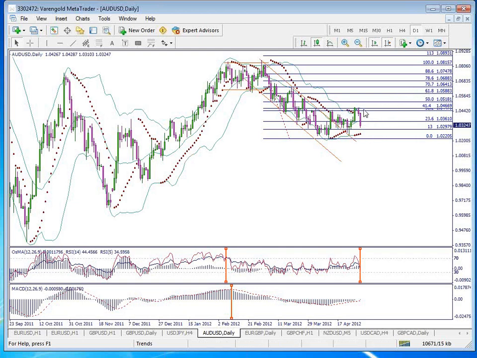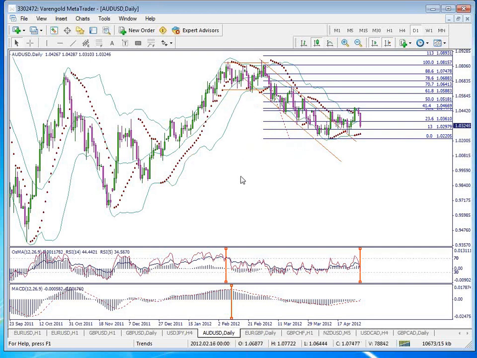Otherwise, according to the conditions that we have in Australia, and according to the fact that the Central Bank of Australia took that decision to reduce the interest to stop the inflation, I think that the pair will go in the down direction.